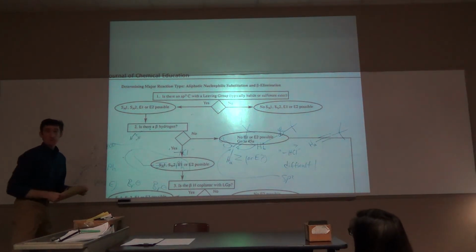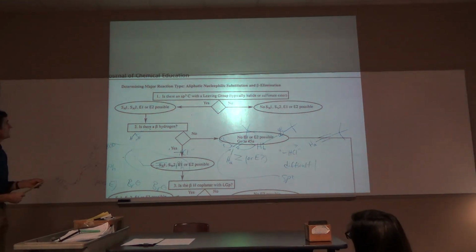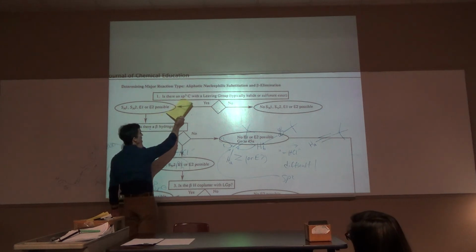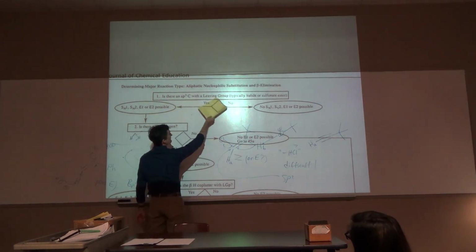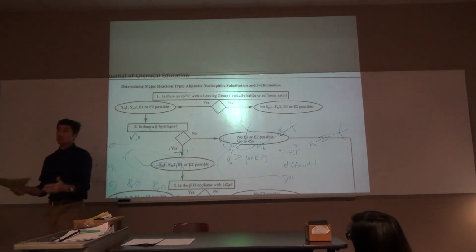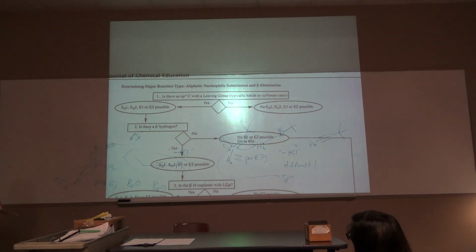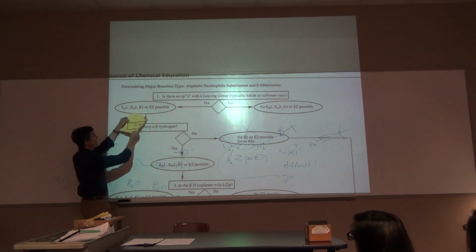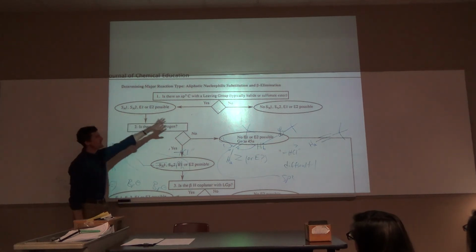Predicting substitution or elimination, E1, E2, SN1, SN2, outcome. First question, is there an electrophilic carbon with a leaving group? Because if there isn't, you aren't doing any of these mechanisms, unless you want to talk about an exception we just showed here. So if there is, then all these are possible. If not, game over.